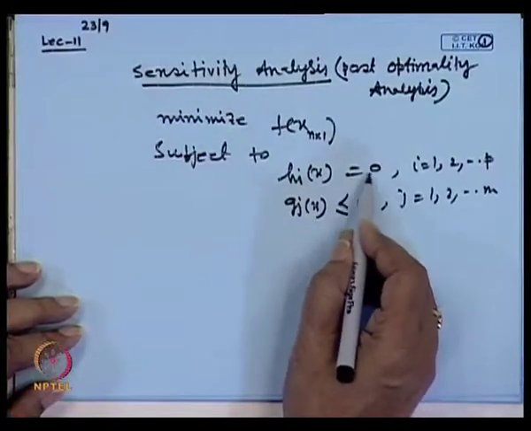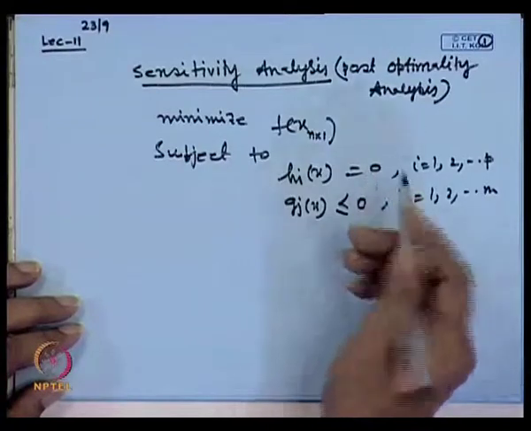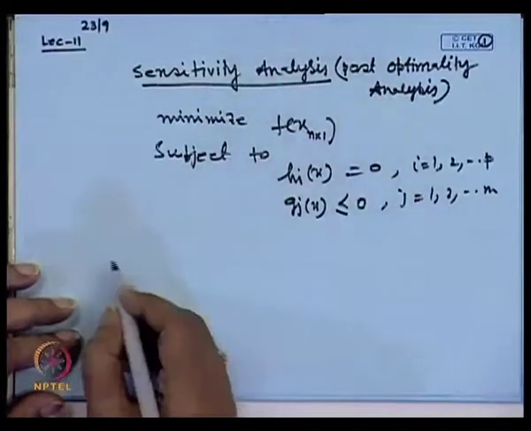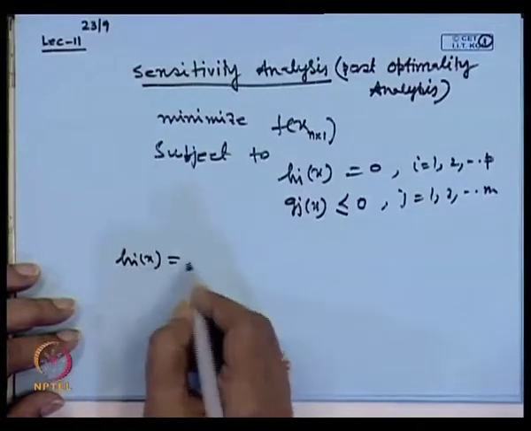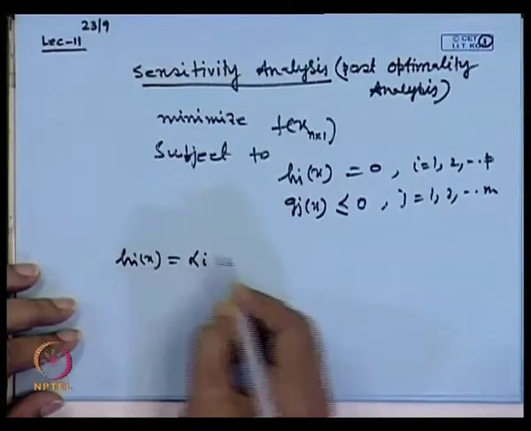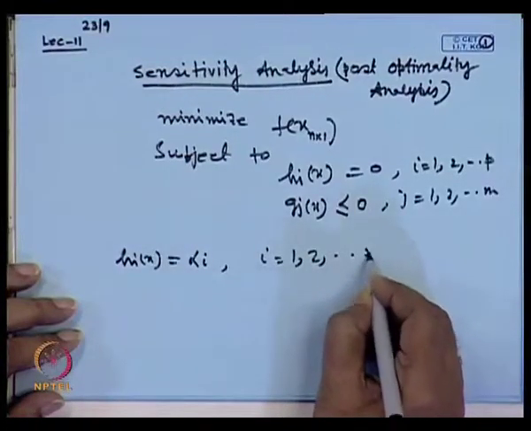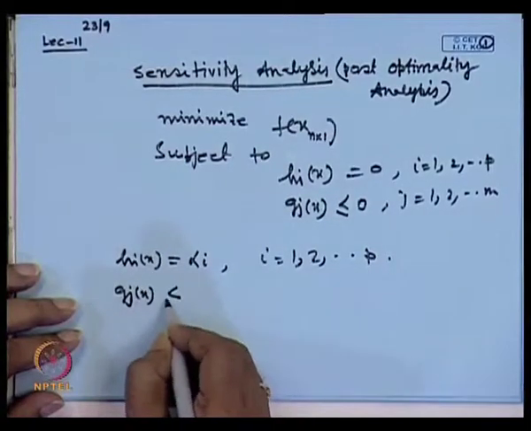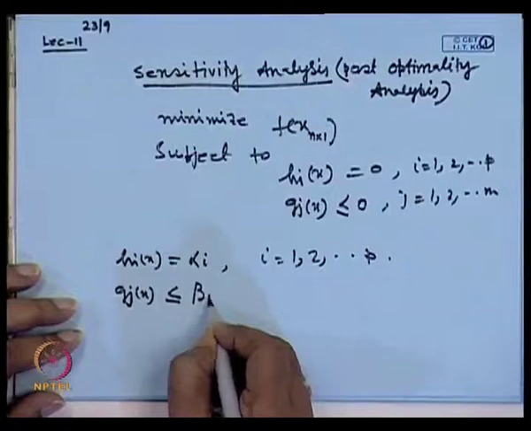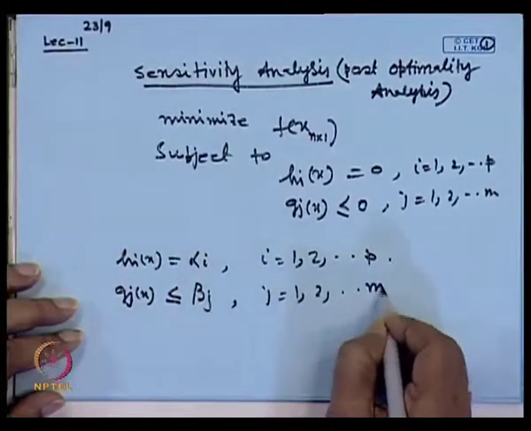In place of 0, let us consider that it is alpha i, where i is 1 to p, and for g j of x, instead of less than or equal to 0, it is less than or equal to beta j, where j is 1 to m.